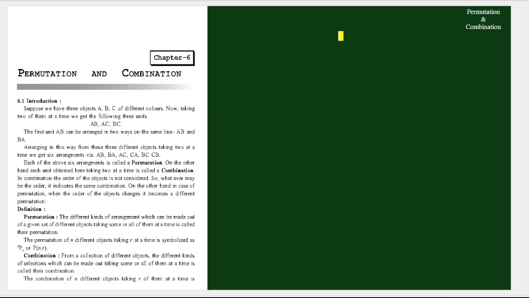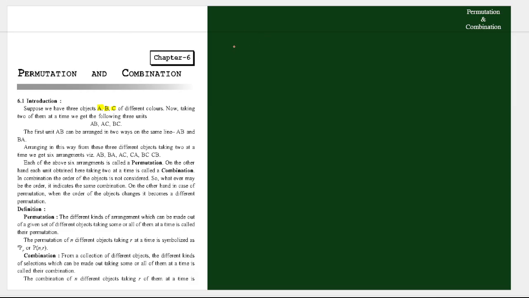Suppose, as an example, let's take the book example. We have got three colors, A, B, and then C. Three objects are there, three colors are there.